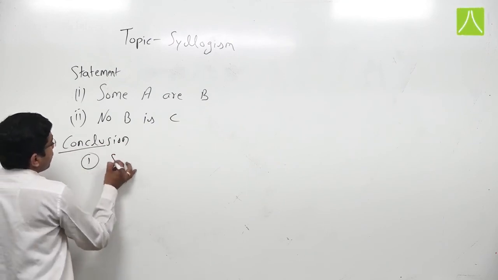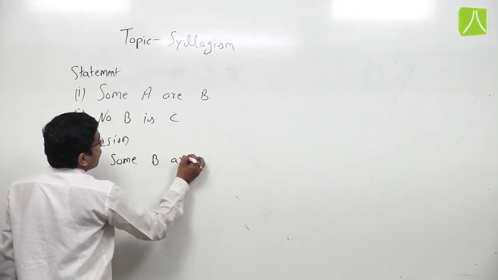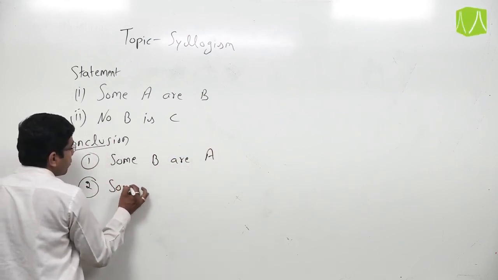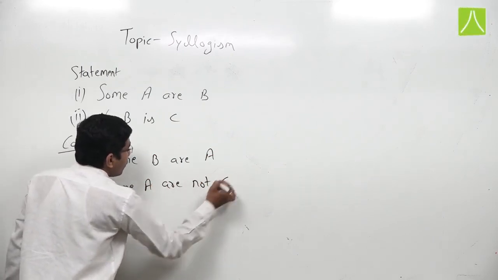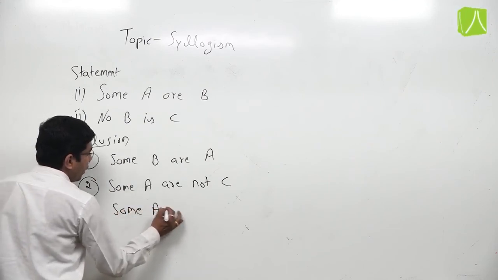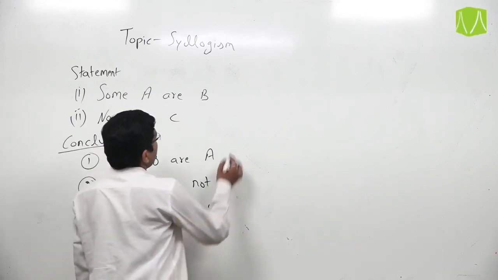First conclusion is some B are A, second conclusion, some A are not C, and third conclusion, some A are C. Now first we have to make the diagram.